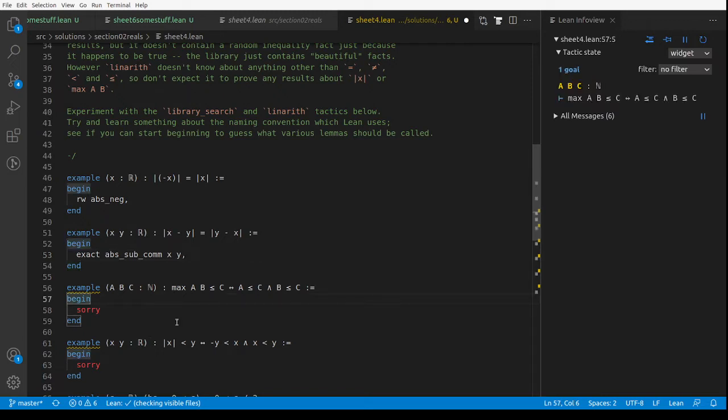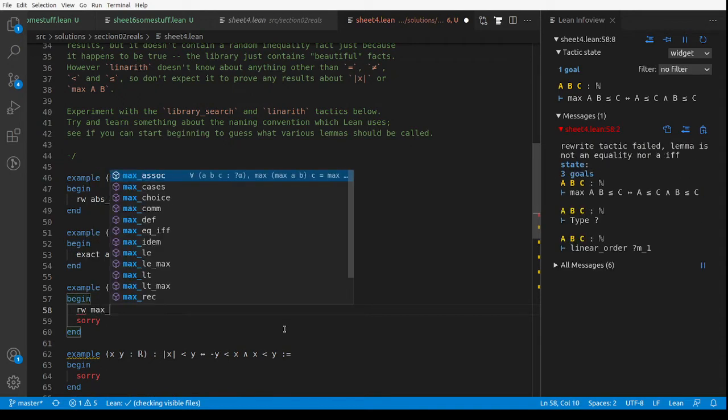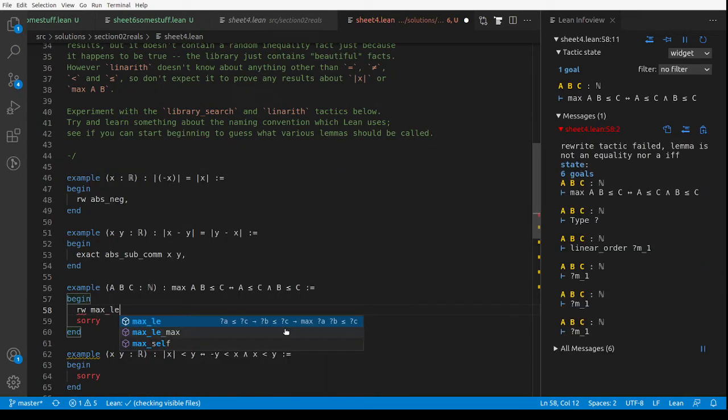This one, max a b. You see, another way, maybe I should mention this. If I was faced with wanting to find this, I would start guessing what this is called. This says the max of something is less than or equal to something. So I would do rewrite max_le. That's not quite that, is it?